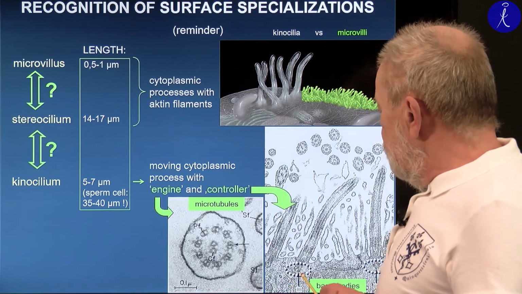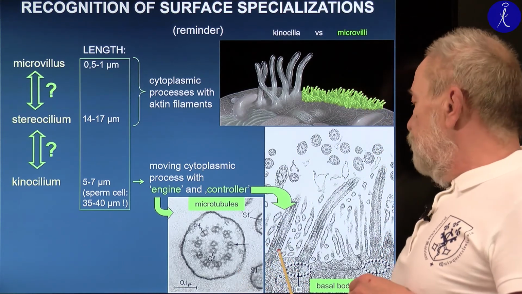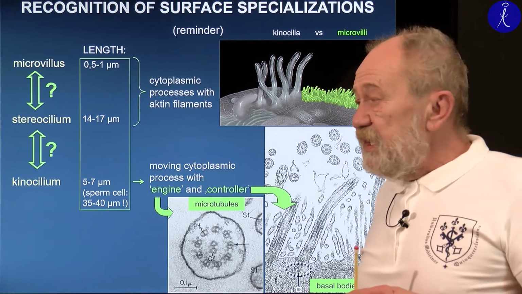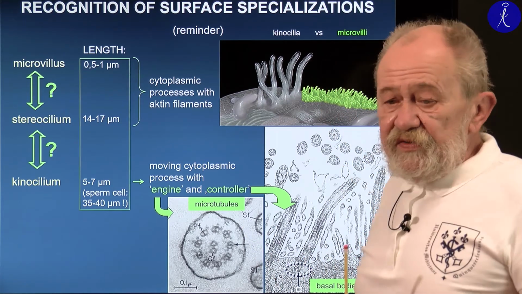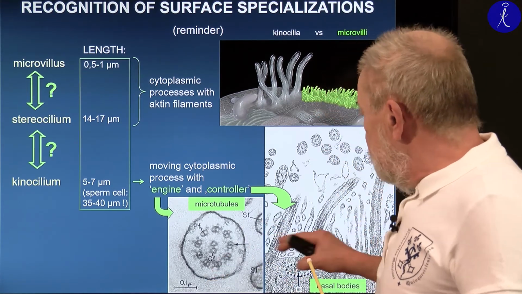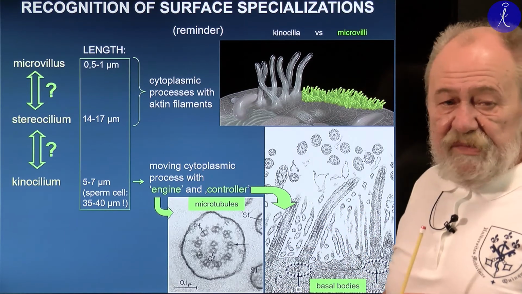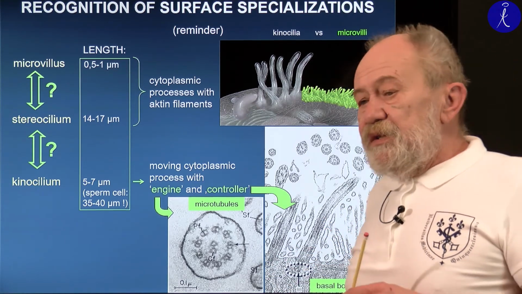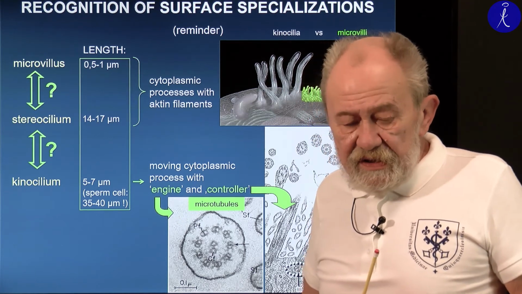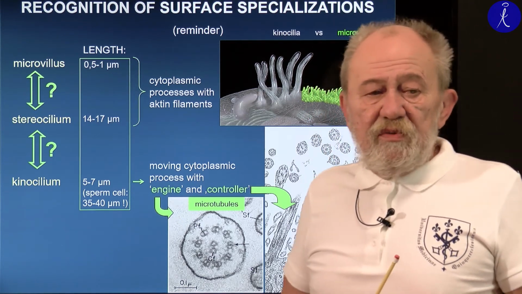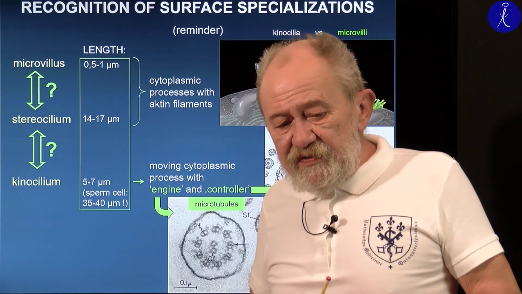And the one which directs the synchronous movement of them is the basal body at the bottom of the kinocilium, which really synchronizes the movement of them. I hope you remember the organelle in the cell which is responsible for all the movements of the cell.